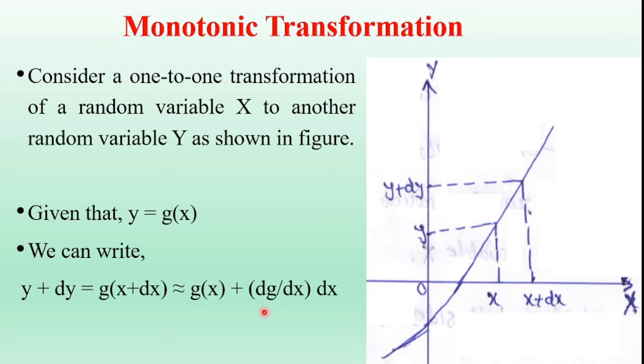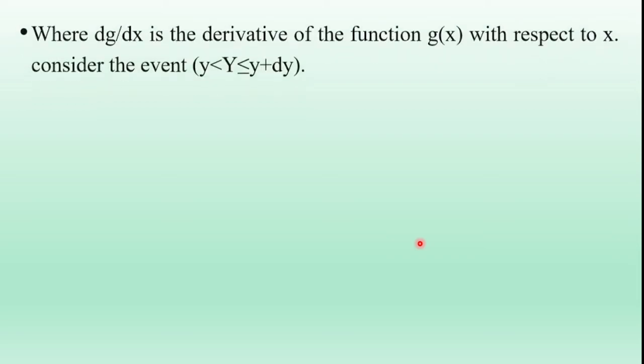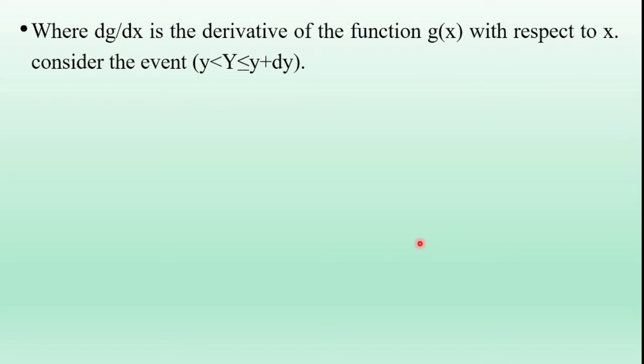Now consider the event y less than capital Y less than or equal to y plus dy. From this figure we can observe that the event y less than capital Y less than or equal to y plus dy contains the same outcomes as the event x less than capital X less than or equal to x plus dx. Accordingly, the probabilities of these two events must be equal.